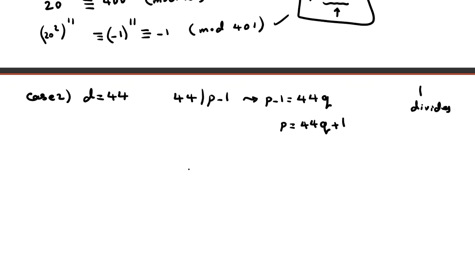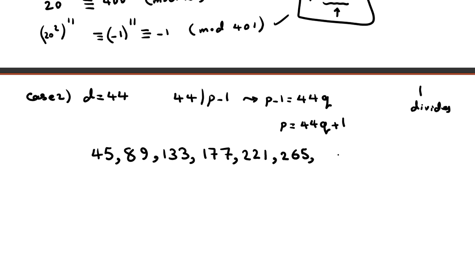And then we should check, for example, if q is 0, I check for some of them: 44, the next one 89, this one plus 44 is 133, 177 plus 44, 221, the next one is 265, the next one is 309, the next one is 353, and the next one, plus 44, is 397.